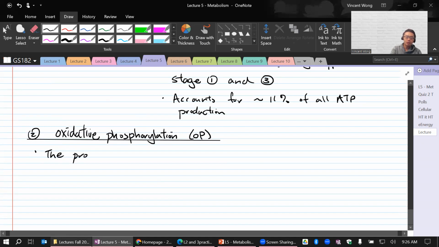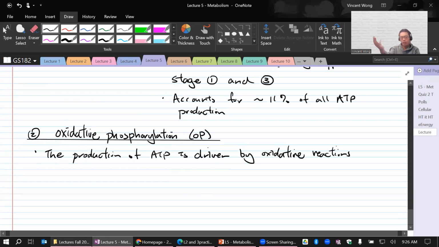The production of ATP is driven by oxidative reaction. In other words, reaction that involves removing electrons.